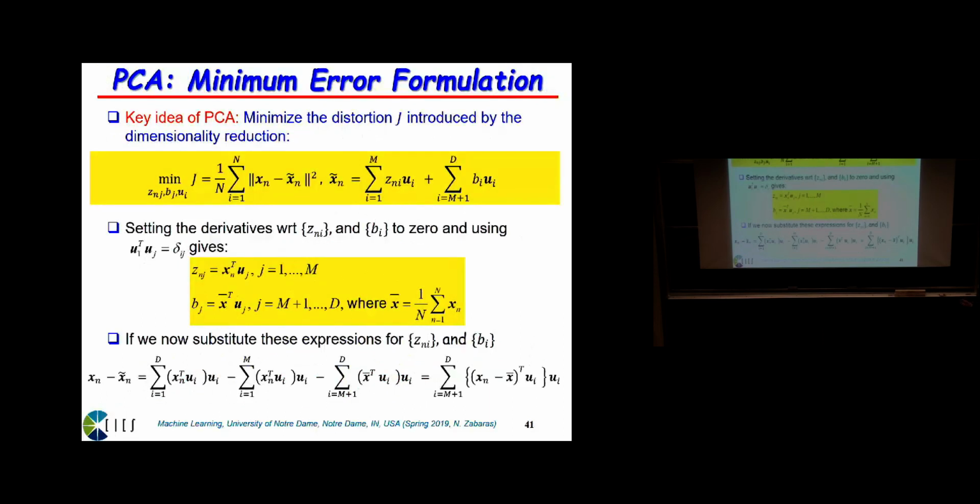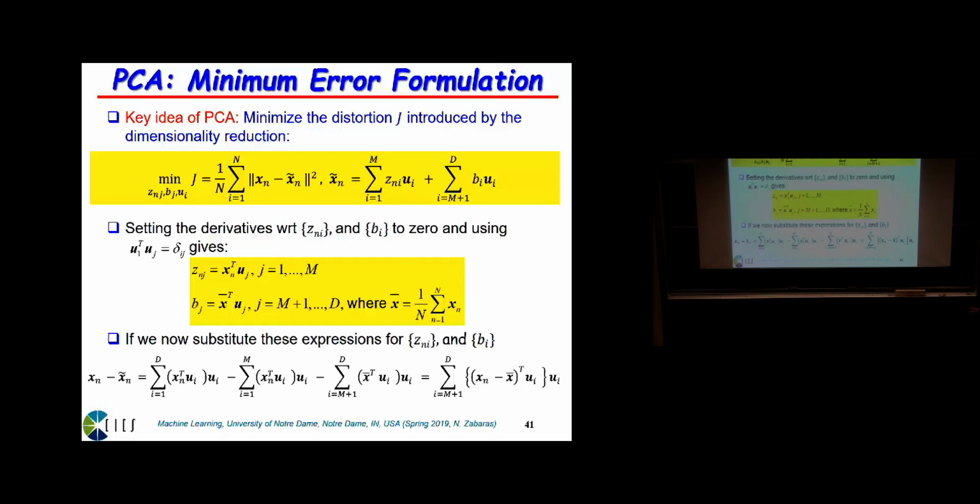If you take derivatives with respect to the z's and to the b's and you set them equal to 0, you compute that znj is xn transpose uj. In some sense you expect this, right? It's an orthogonal projection of xn in the direction uj. So zni comes to be xn transpose uj.